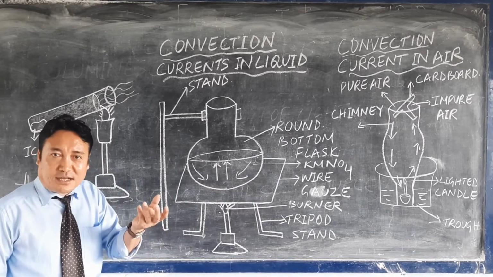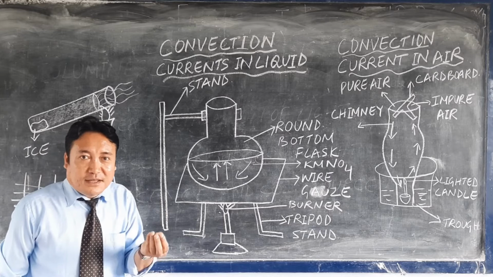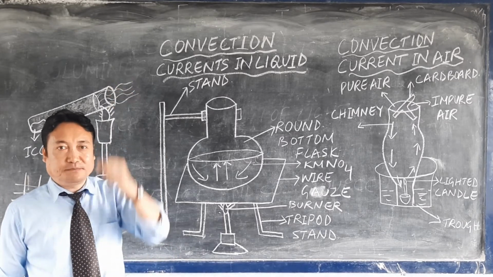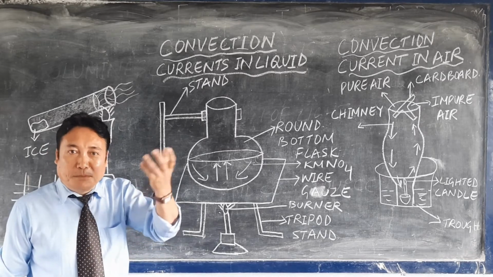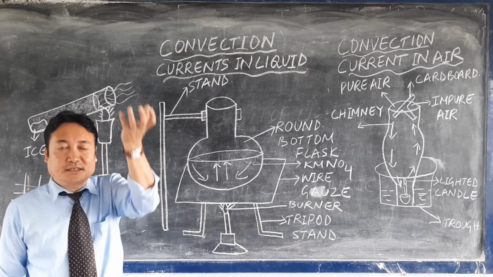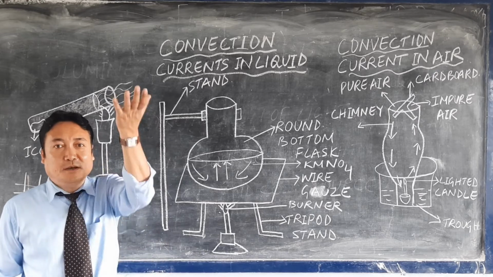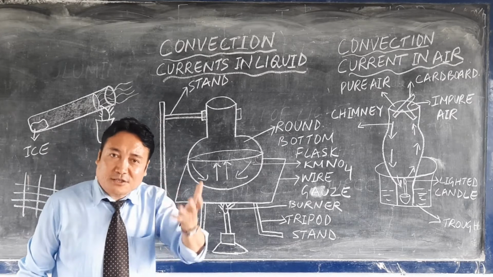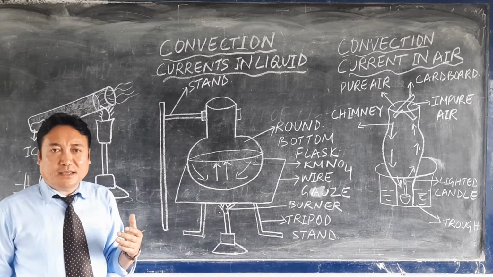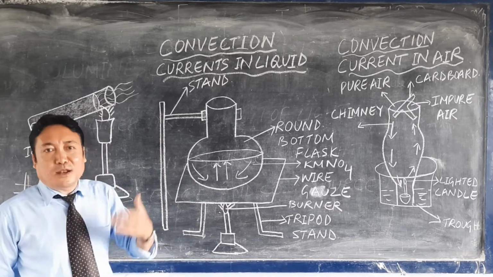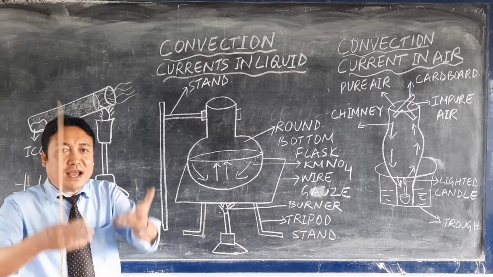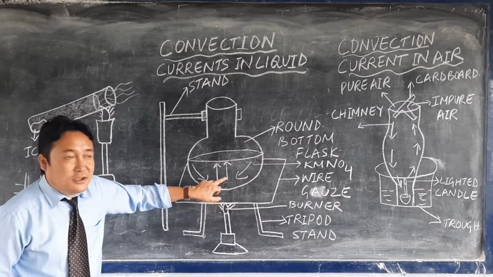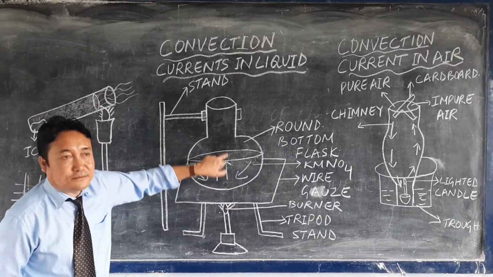When the water starts heating up, you will observe that the bubbles of water start rising from the bottom of the flask upward. As the water becomes warmer and warmer, from the middle, from the bottom side, the water rises up.